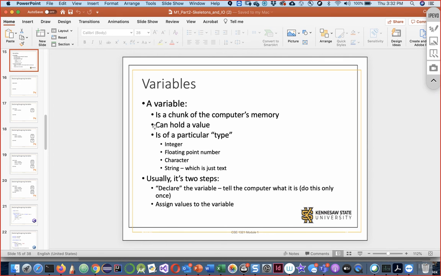Based on the number of operands associated with the operators, operators are classified into two major categories. Number one, we can say, unary operators.